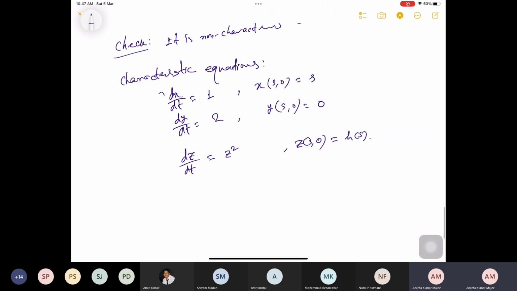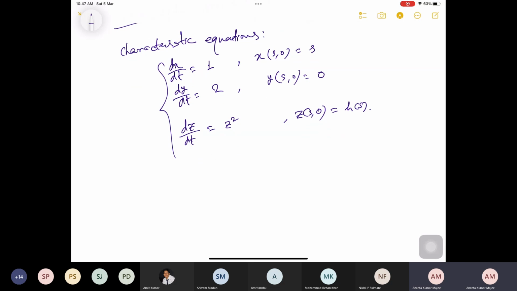Now we want to solve this system of ODEs. How to find it? If you solve these, first from here, y is equal to 2t, and the constant is 0, so y = 2t. Then solving for x, x is equal to t plus s.